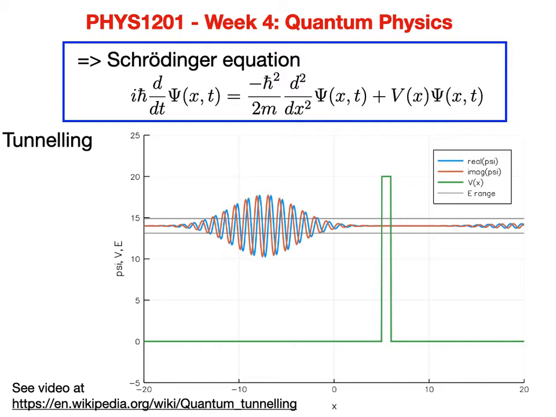So what we see here is that the particle is not either on the left or on the right. It is actually both on the left and on the right. It has been reflected and it has been transmitted. When you do the measurement, you only find it on the left or on the right. But before you do the measurement, it's both on the left and on the right, which is a striking implication of quantum mechanics.